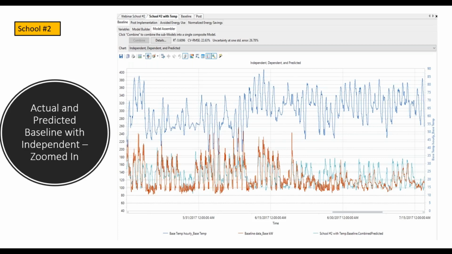And I don't think the LBL tool lets you do that really at all.